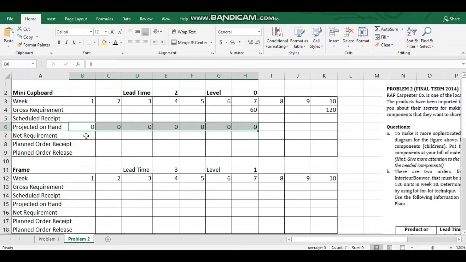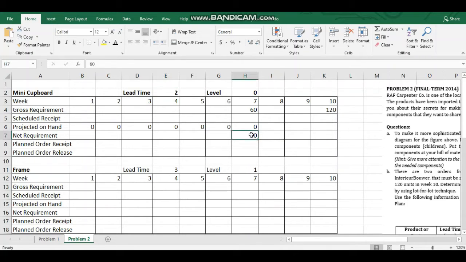And then for net requirement, our requirement at week 7 is 60, while we have no inventory, so we have 60 as our net requirement, right? And since we have net requirement, it means we have to place an order release. Remember that our lead time is 2 weeks, so we have to place the order 2 weeks before.